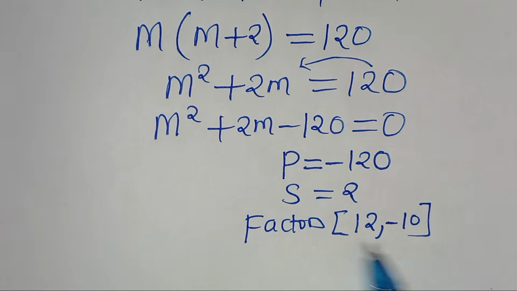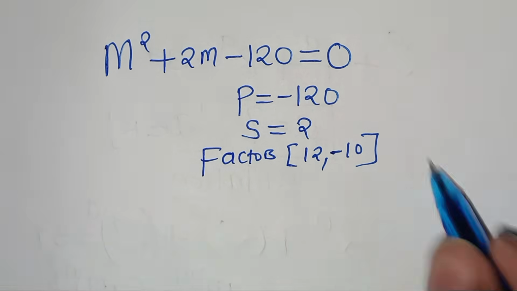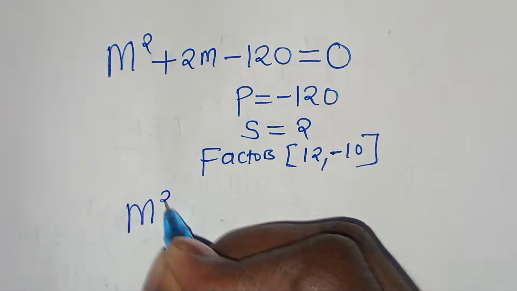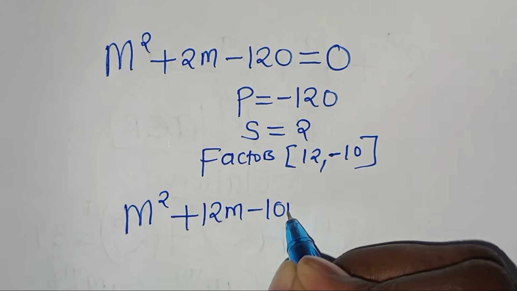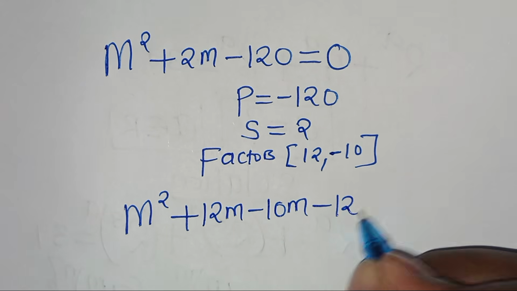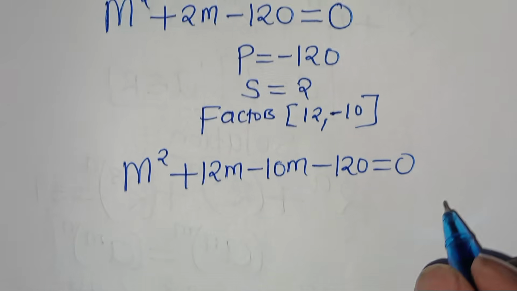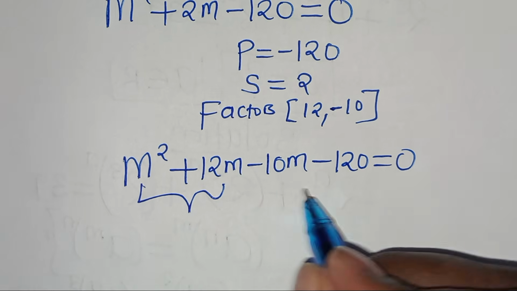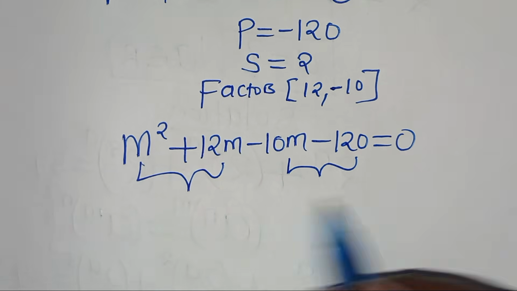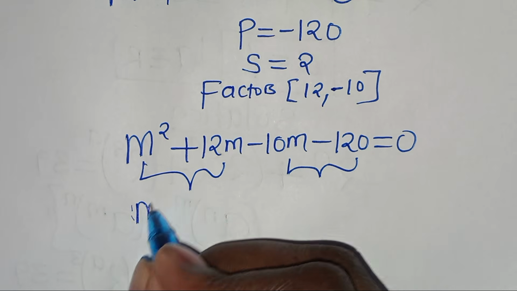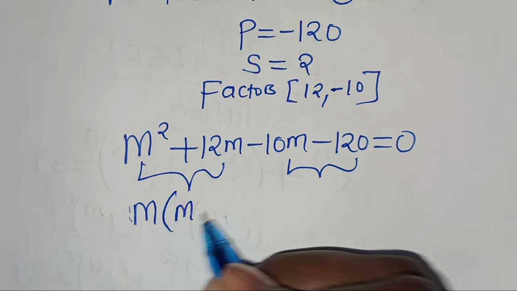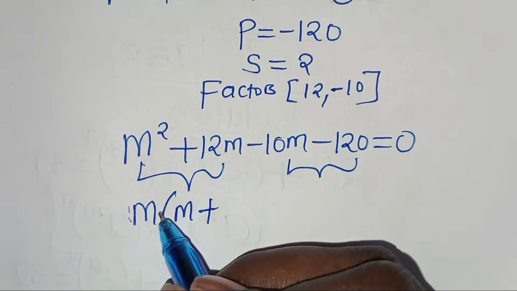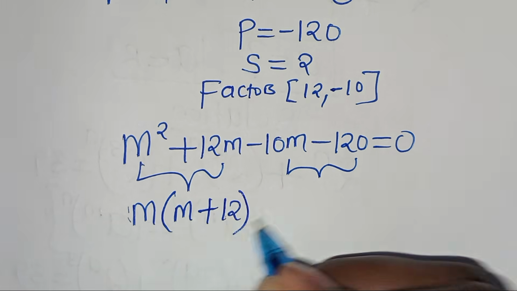So let's substitute these factors in this equation here. Now substituting these factors, we have m to the power of 2 plus 12m minus 10m minus 120. This is equal to 0. So we have got two parts here. From the first part, m is common, so we factor out m so that we have m squared divided by m, this is m, plus 12m divided by m, this is 12.